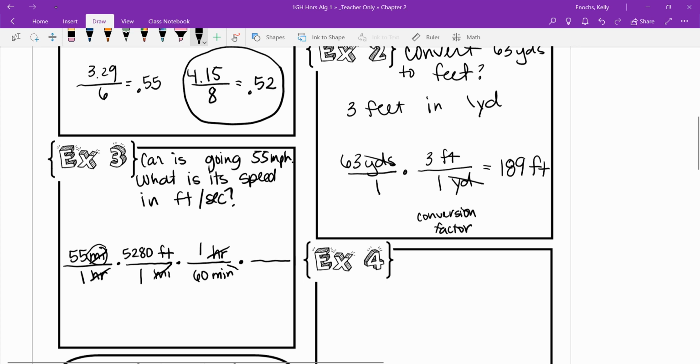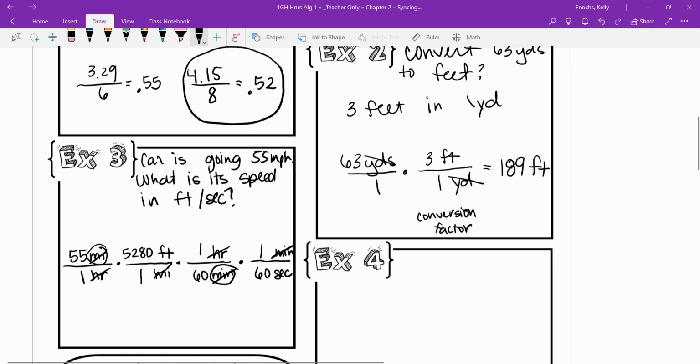If they're in the denominator, then minutes in my last conversion factor need to go in the numerator, so they'll cancel out. In 1 minute, there are 60 seconds. Now that I have everything lined up, I can figure out what I need to multiply together and what I need to divide. I have to take my 55, multiply it by my 5,280, and then divide it by 60 times 60, which is 3,600.